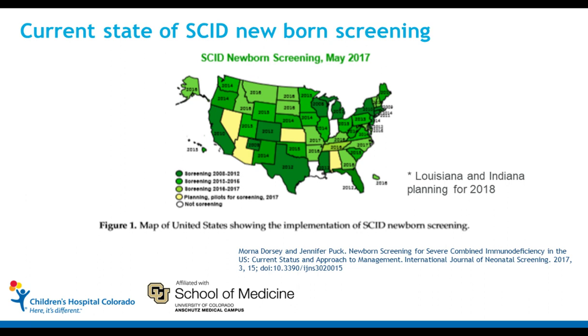Louisiana and Indiana are implementing it this year. And this is a huge achievement for progress into understanding that these genetic defects of the immune system, if recognized early on, can give these babies a chance at a better life as they are treated well within the first year of life.